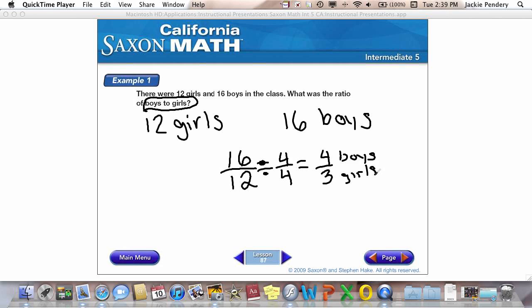So my ratio is 4/3. Okay? I can also say my ratio is 4 to 3. But 4/3 is my answer for this problem. Okay? So basically here are my 4 boys.